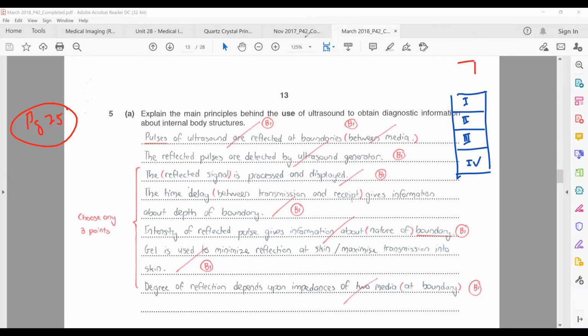This is my ultrasound generator or transducer. This one produces my ultrasound.